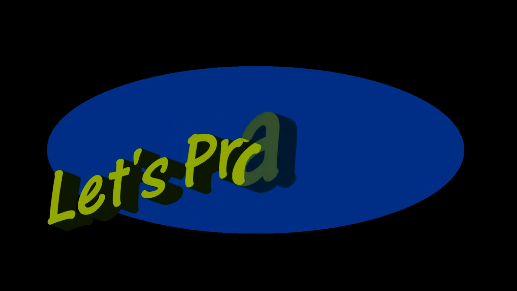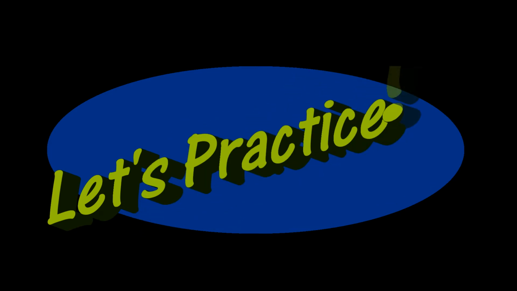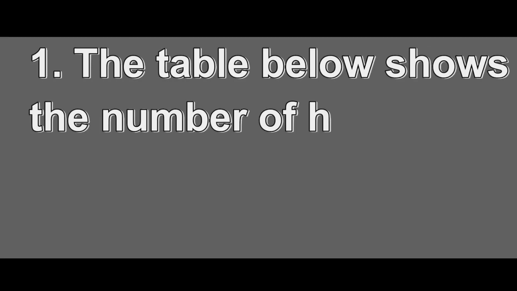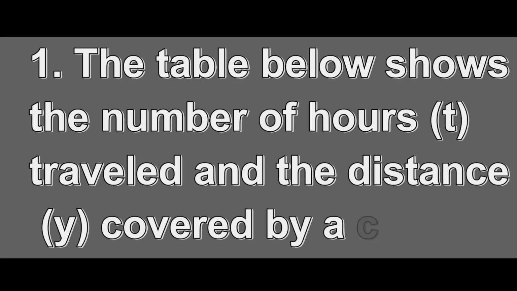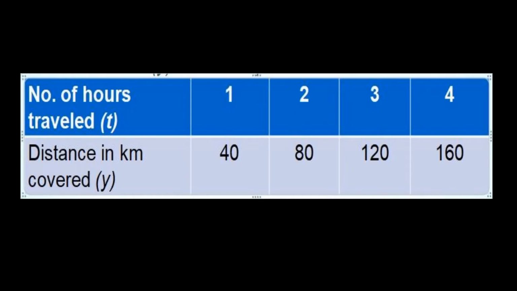Now, let's practice. Choose your partner and answer this activity. Number 1. The table below shows the number of hours T traveled and the distance Y covered by a car. At the first row is the number of hours traveled. We have 1, 2, 3, and 4.